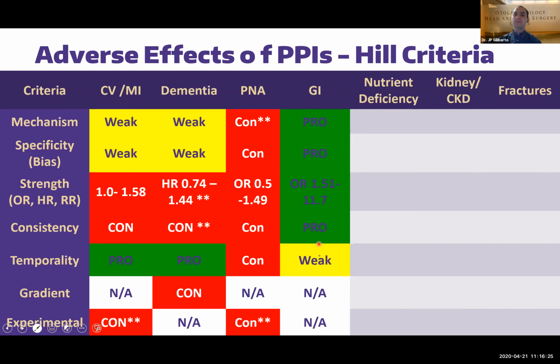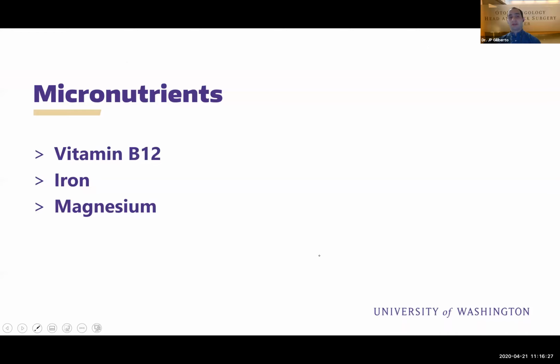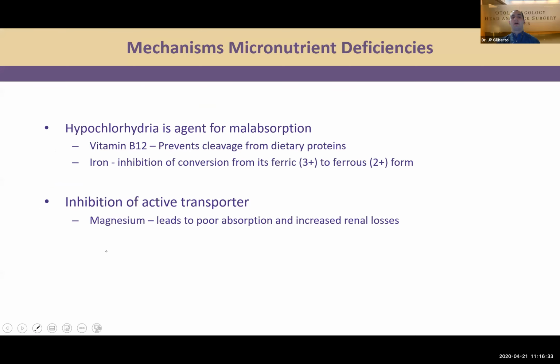So moving on to nutrient deficiencies, we see that B12, iron, and magnesium have been reported. We think that the low acid decreases cleavage and activation of the iron and B12 for absorption, and we think that it also interferes with the transporter for magnesium.